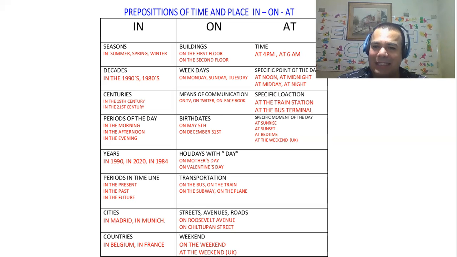That has this big day, we use on. Transportation, examples: on the bus, on the train, on the subway, on the plane. Let's continue. We use on for streets, avenues, and also roads. Examples: on Roosevelt Avenue, on Chiltepin Street.